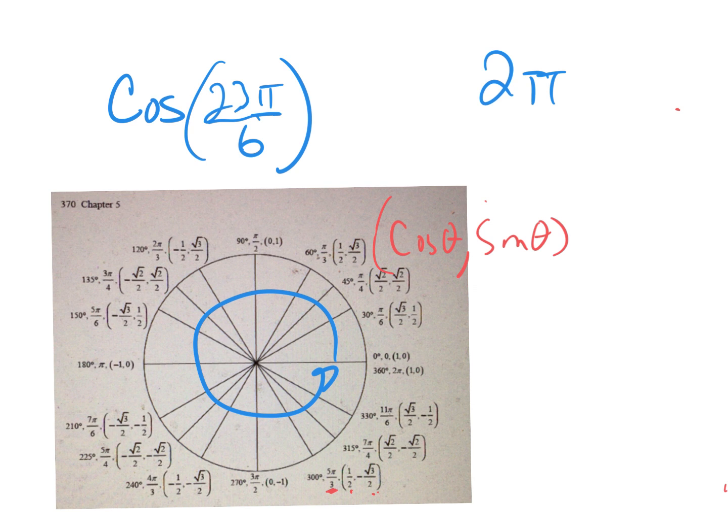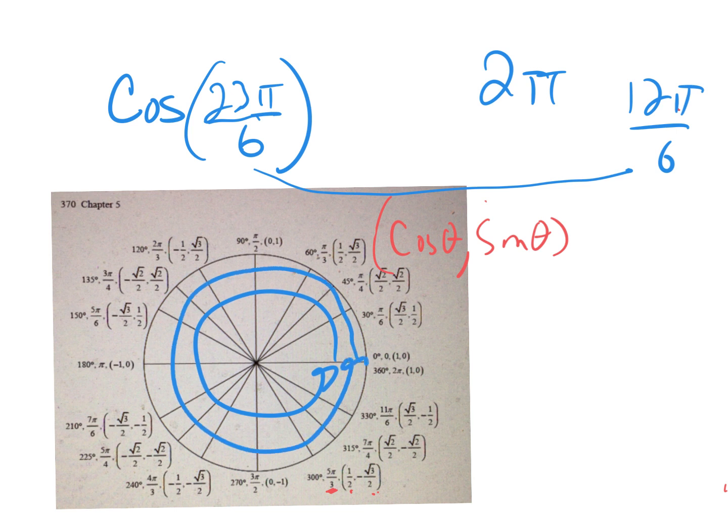So here's what I recommend you do, and here's how I think about it. 2 pi is the same thing as 12 pi over 6. The reason I want to write it over 6 is because this is over 6. So I'm going to do 1 full rotation around, subtracting 12 pi over 6 off this.